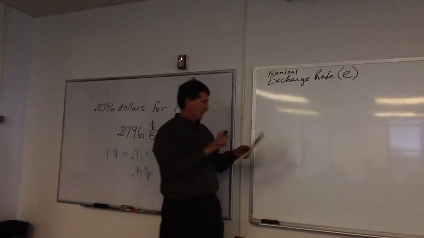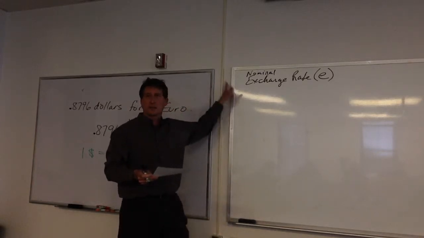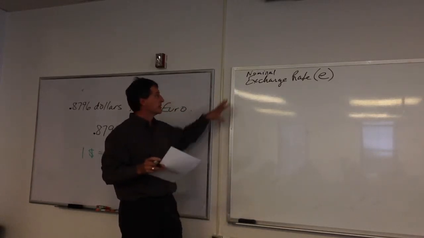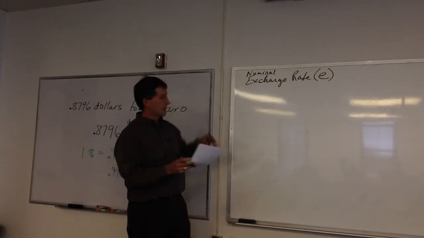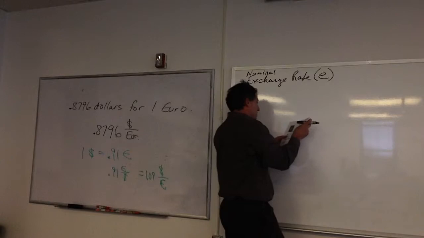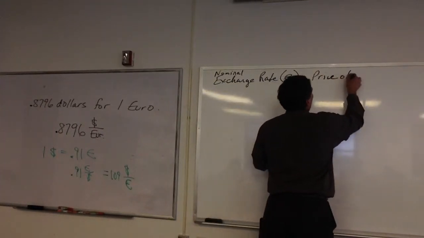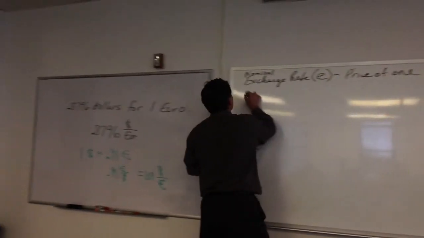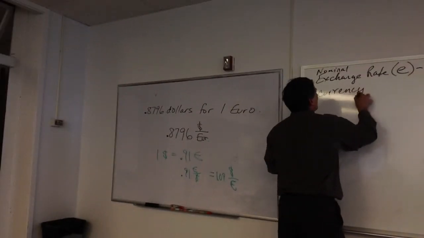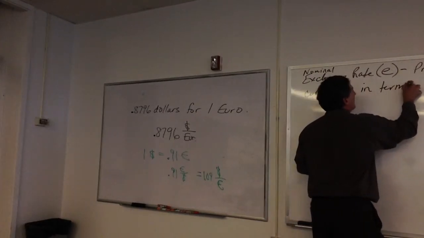I'm going to talk a little bit about the real exchange rate because I think it helps motivate things, but I noticed your text doesn't really get into details about the real exchange rate. But we'll talk a little bit about it, but not put too much emphasis on it. So the nominal exchange rate is simply the price of one currency in terms of another.